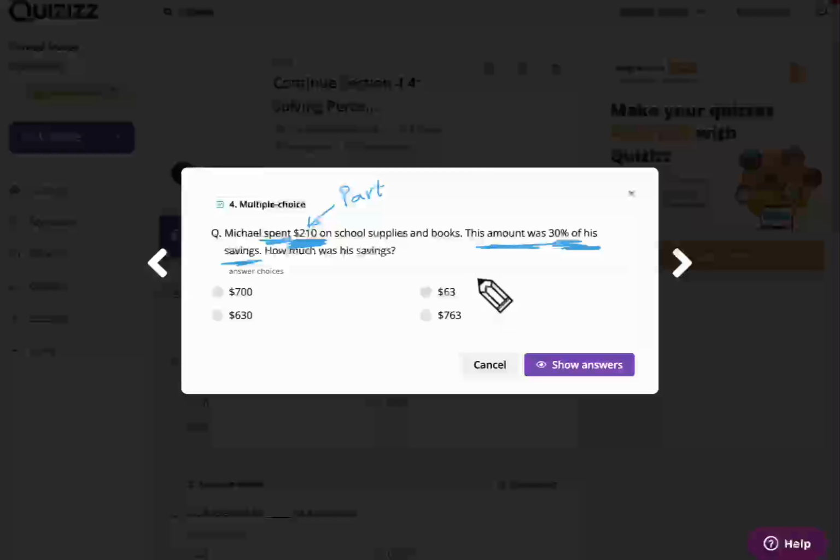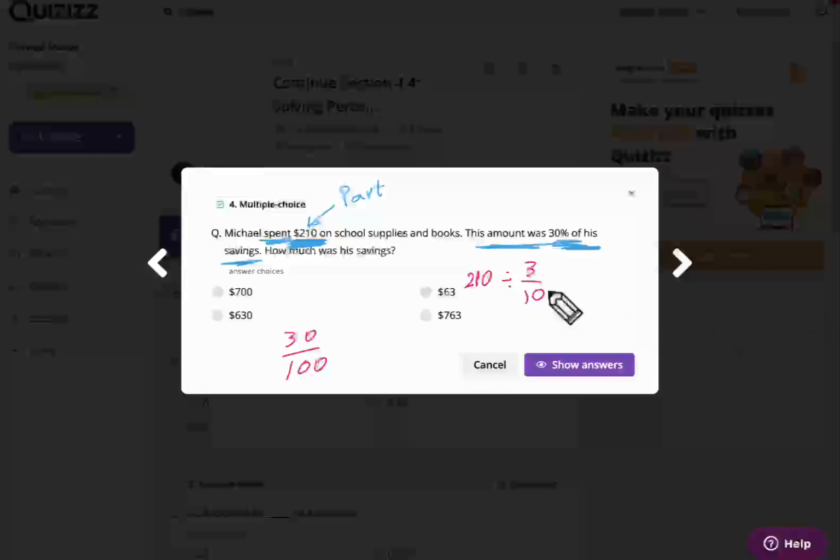We divide the amount that we have, 210 divided by 30%. And 30% is 30 over 100 or 3 over 10. So let's use it as 3 over 10.